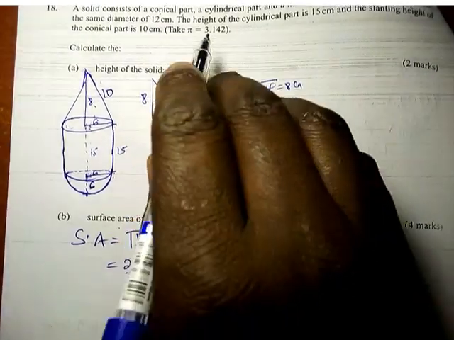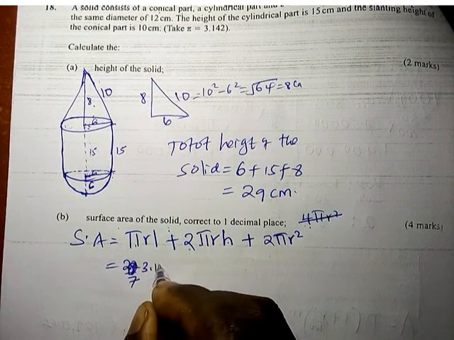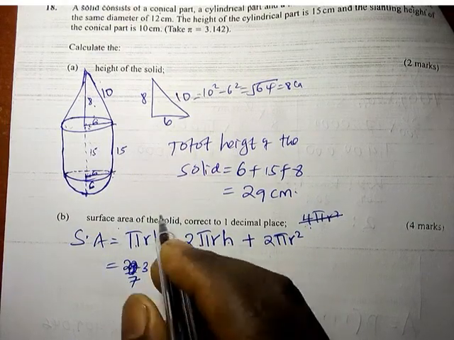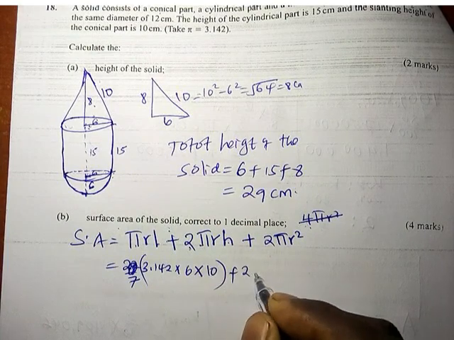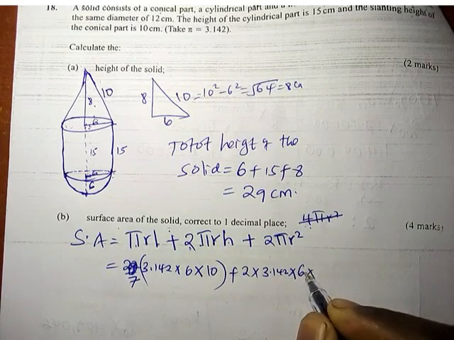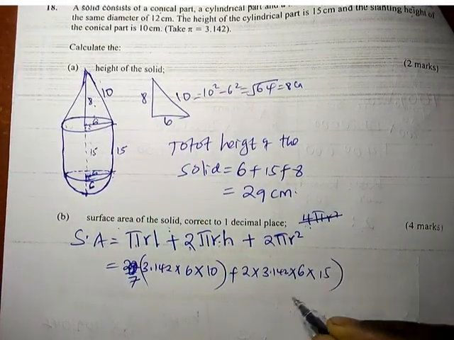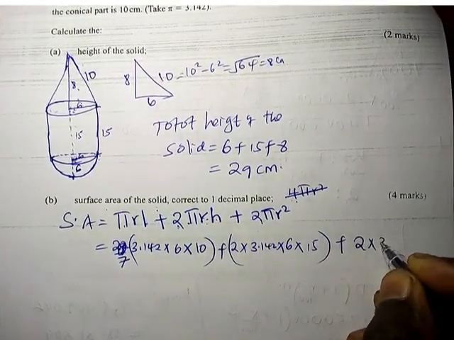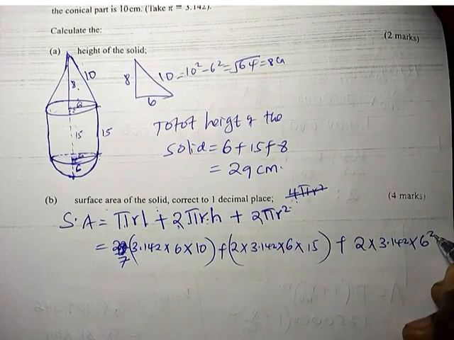Now tuunganishe, hii itakuwa 22/7. Tulikuwa tumepewa 3.14, so itakuwa 3.14 times r, the radius is 6, times l, which is 10, plus 2 times 3.14 times r 6 times height of the cylinder 15, and then plus hemisphere 2 times 3.14 times r square, which is 6 square.